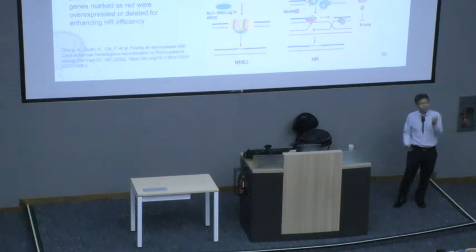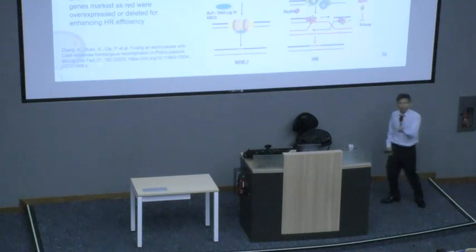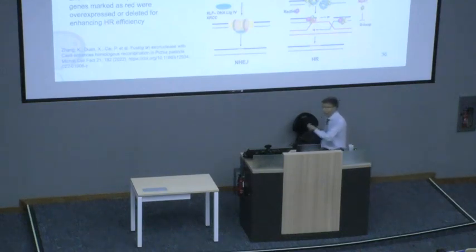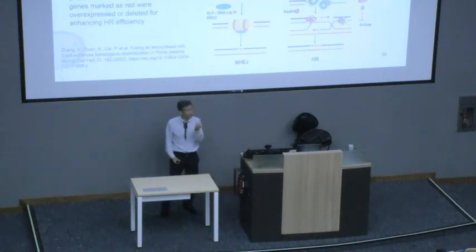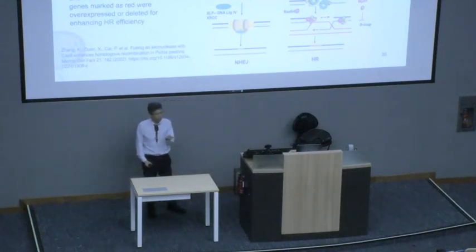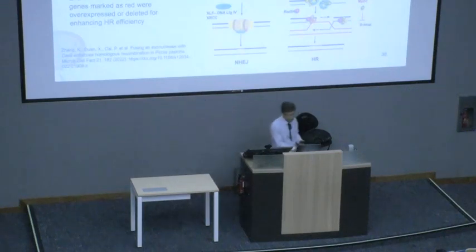Because the gene is the same, but every time you have different antigens, you are able to generate different antibodies. What's the fundamental mechanism behind this phenomenon? It is through this one.